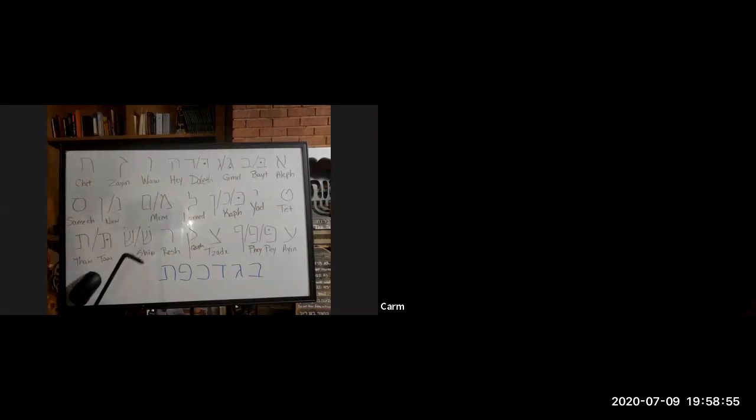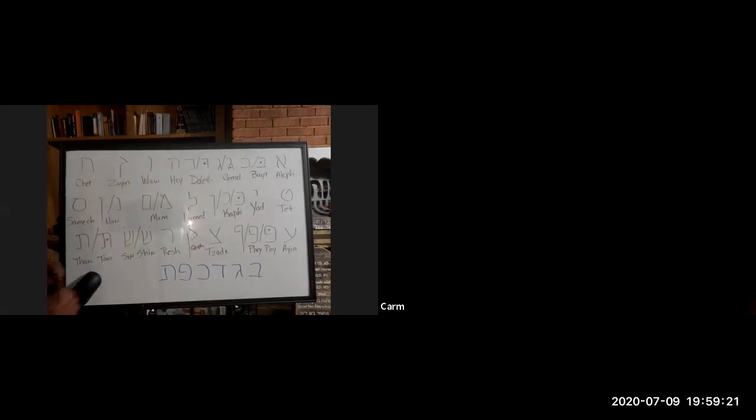Those are the 6 letters that hold what is called a dagesh linear, which makes the letters plosive. You say them hard. Bagad Kafat, that's just the acronym that sounds out, but it's really these letters: the Beit, the Gimel, Dalet, Kaf, Pei, Tau.